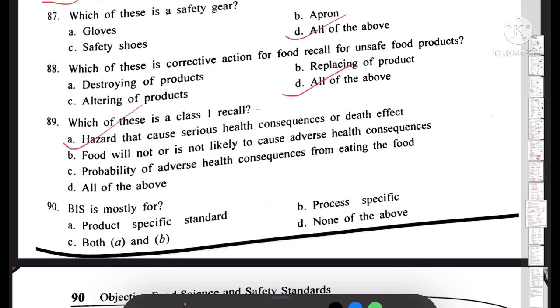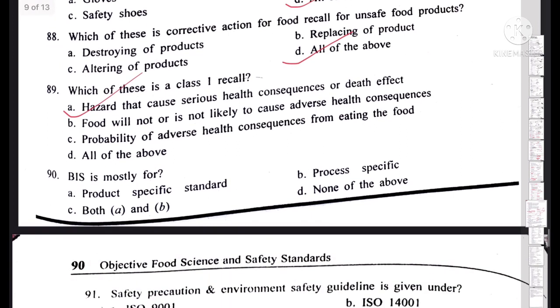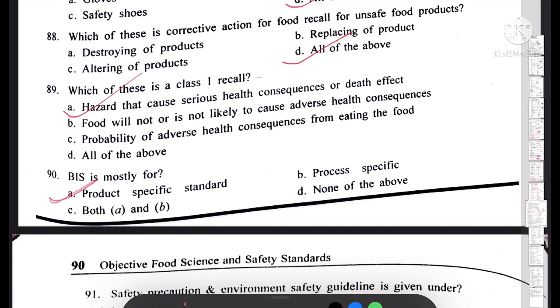Okay, next. BIS is mostly for: product specific standard, product process specific, both A and B, or none of the above. So BIS is mostly for product specific standard as well as process specific.